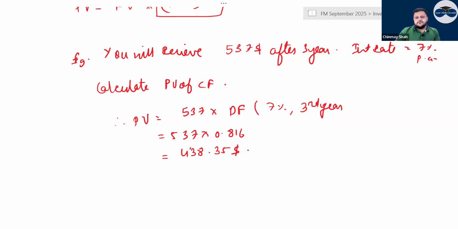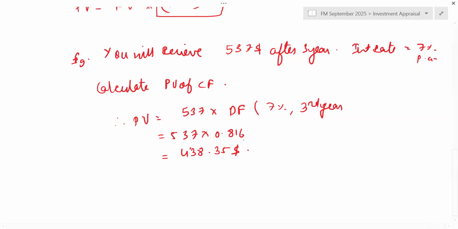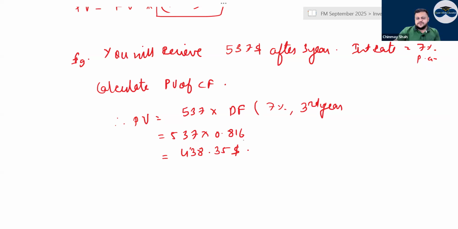Yes, that can happen. In a normal calculator you will get a different answer because there you take almost 8 to 9 decimal points, but here you are taking only 3 decimal points. Correct? Are you able to understand?